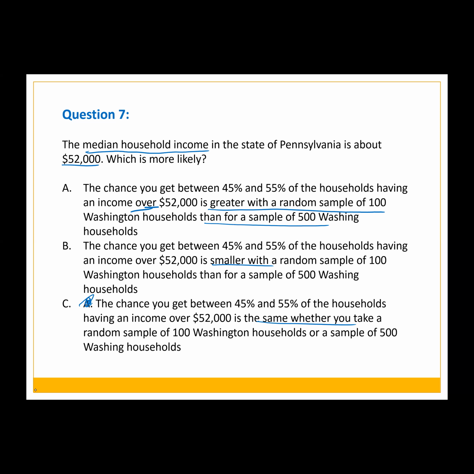So if you look again at the law of large numbers, average and proportion are more likely to be stable with a larger sample. Therefore, this value of median, $52,000, is more likely to hold with larger trials and larger samples.